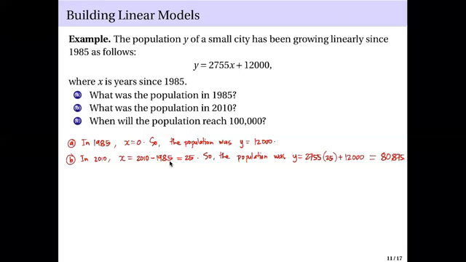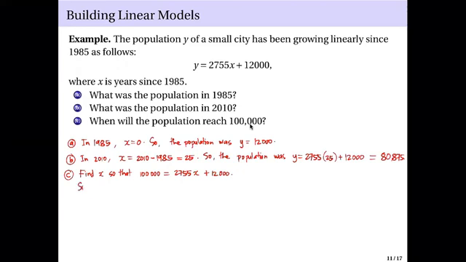And finally, for letter C, when will the population reach 100,000? So for letter C, we want to find X so that we have 100,000 equals 2755x plus 12,000. Okay?